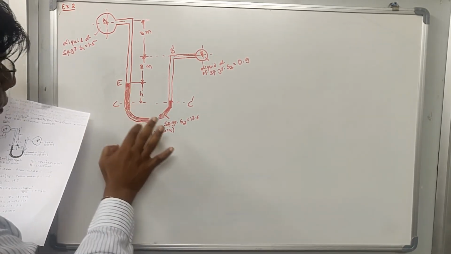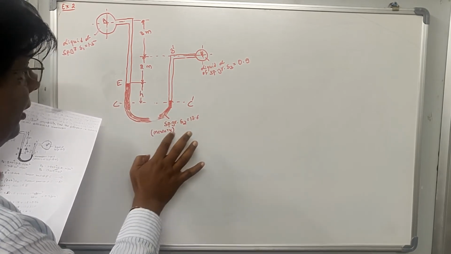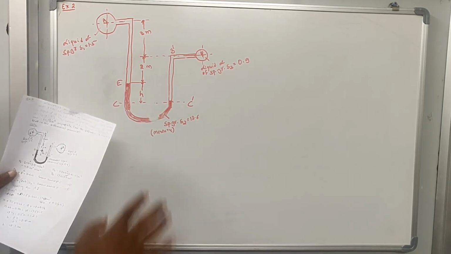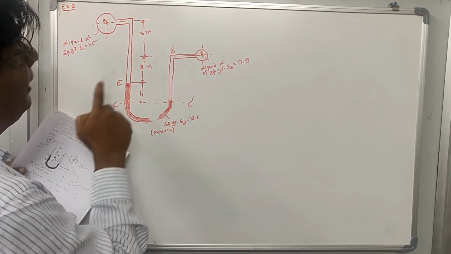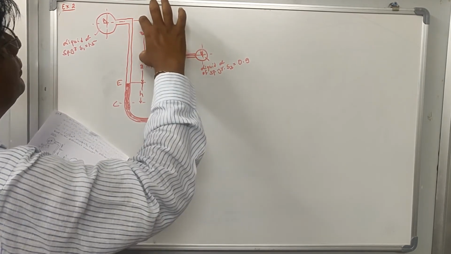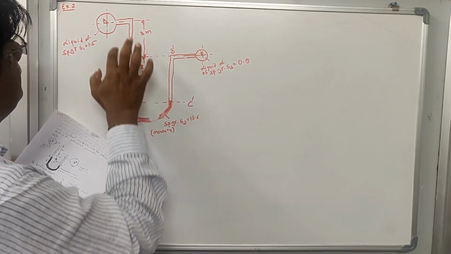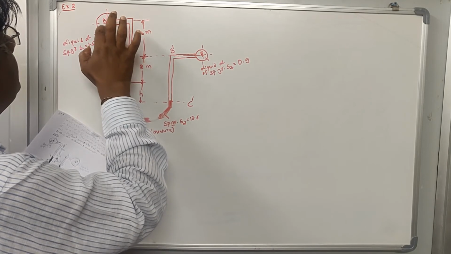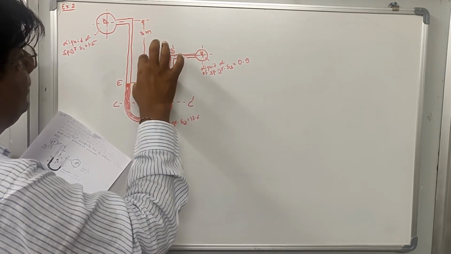So we are using one more fluid, the manometric fluid, that is mercury, whose specific gravity is 13.6. 3 meter is the difference between the center line of point A and the center line of point B. So up to this you have the same column of liquid which is flowing inside pipe A. So that is 3 meter and this is 2 meter.